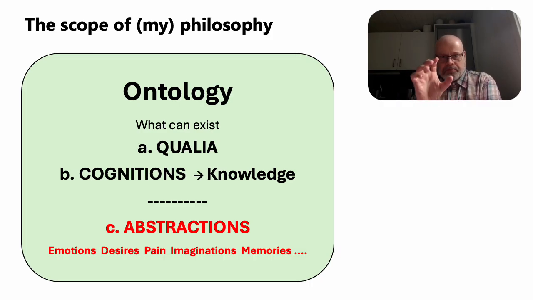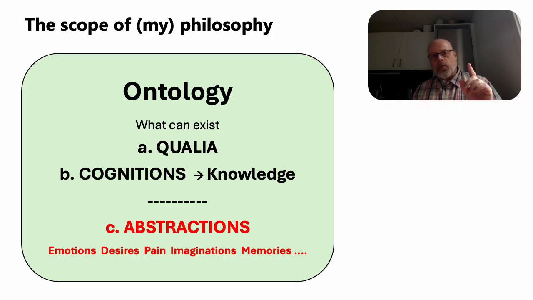If you want to make it precise, existence is a subset of qualia, a particular kind of qualia. And further down the line, there is an even more precise kind of phenomena which I classify as knowledge, which are cognitions. Those are the basis of what I consider knowledge, right?